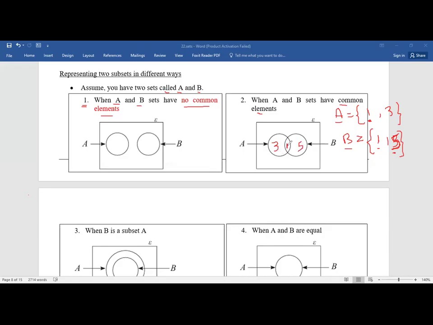One is the common element for both A and B. And there are some other elements outside sets A and B, 2, 4, something like this. So this is the universal set. If you have common elements, this is the way you represent set A and set B.